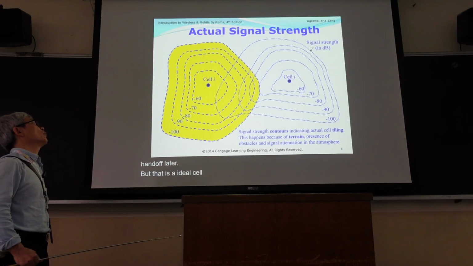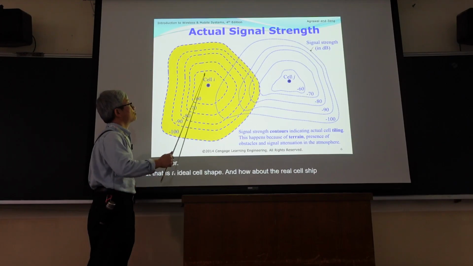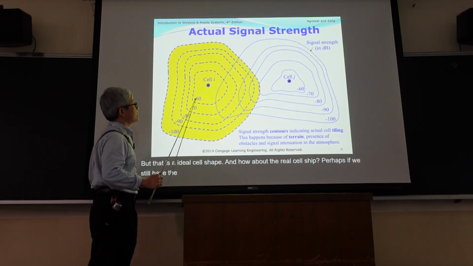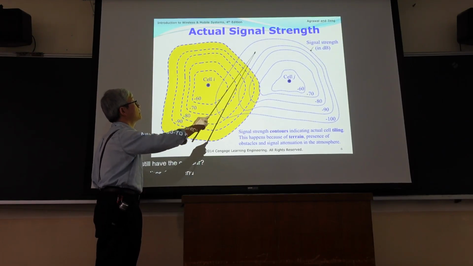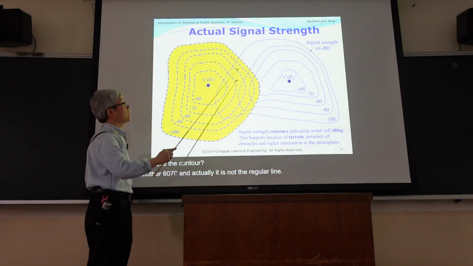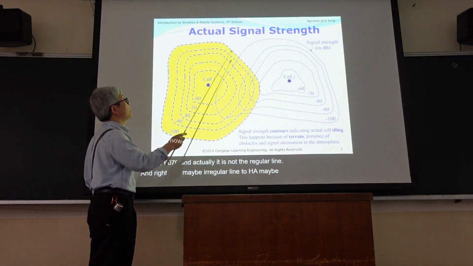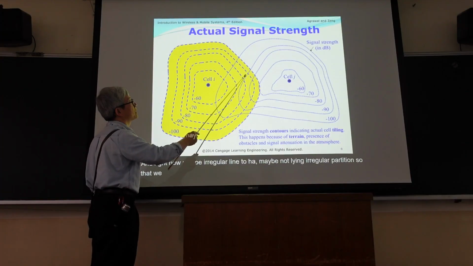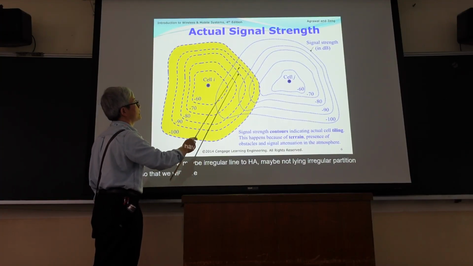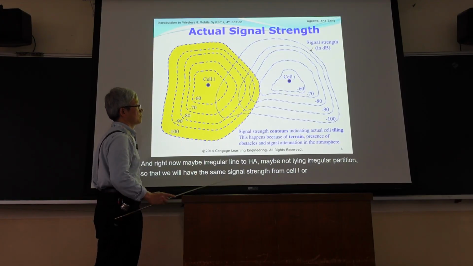And how about the real cell shape? Perhaps if we still have the contour, minus 60, 70, actually it is not a regular line. Right now maybe it is an irregular line, maybe not a line, an irregular partition, so that we will have the same signal strength from cell I or from cell J, right?